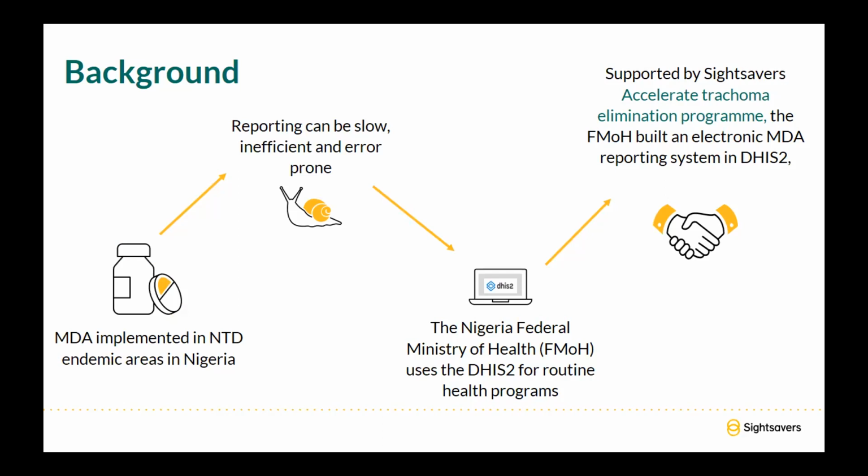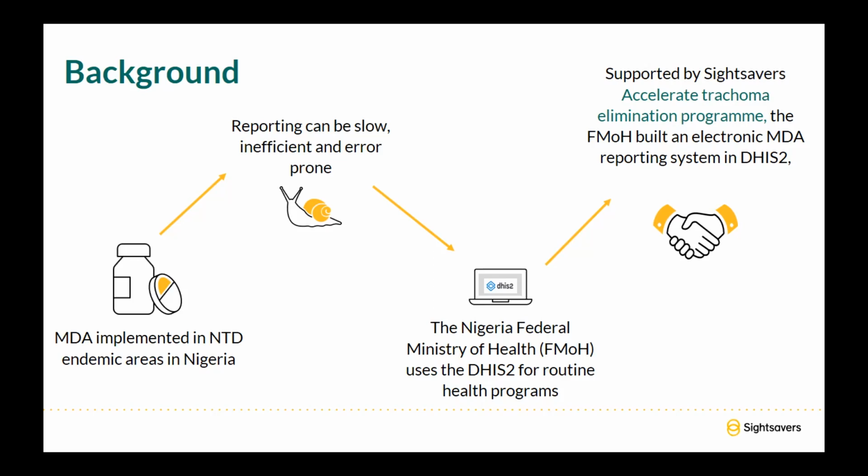MDA is a strategy implemented to administer drugs to at-risk populations in given areas, regardless of their disease status, and it is implemented in NTD endemic areas, as I said, such as Nigeria.